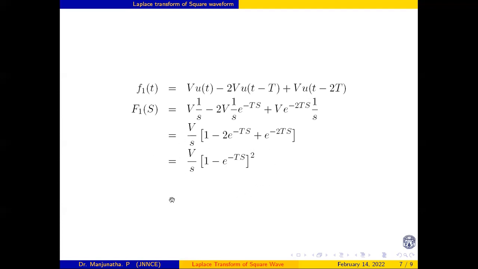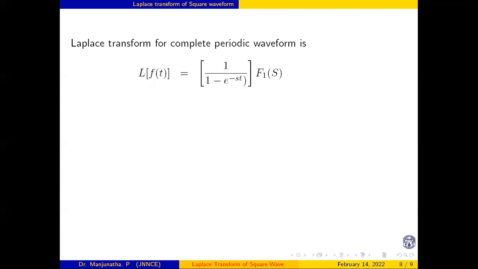This is the Laplace transform for one cycle, but I need the Laplace transform for the full waveform. So the Laplace transform for a complete periodic waveform is 1 divided by 1 minus e to the power of minus sT into F1 of s. In my case, the duration of one cycle is 2t.